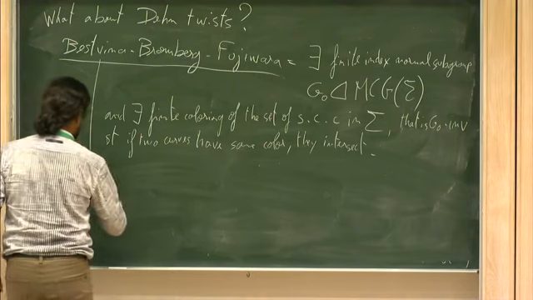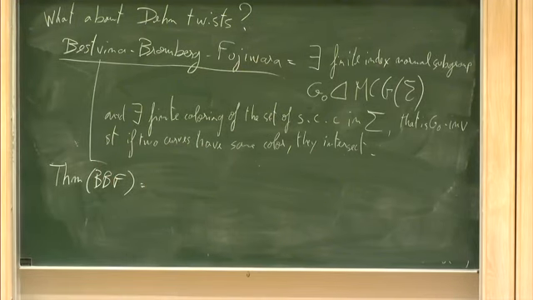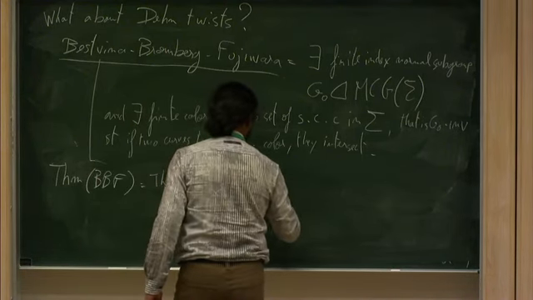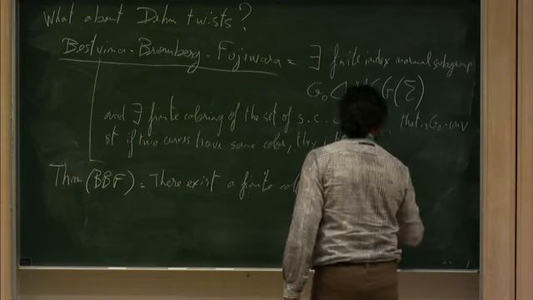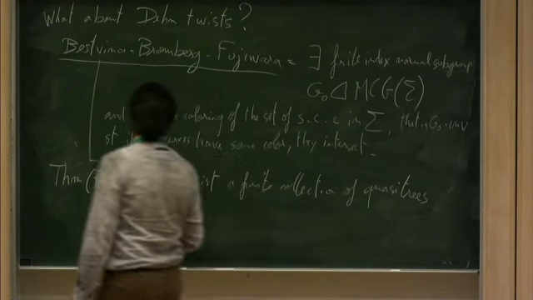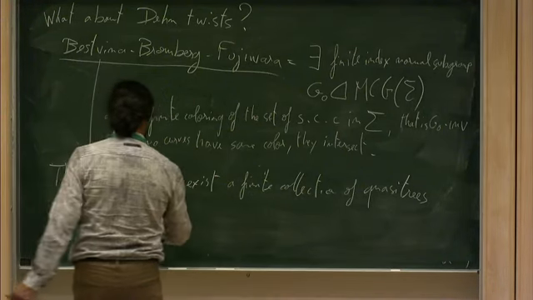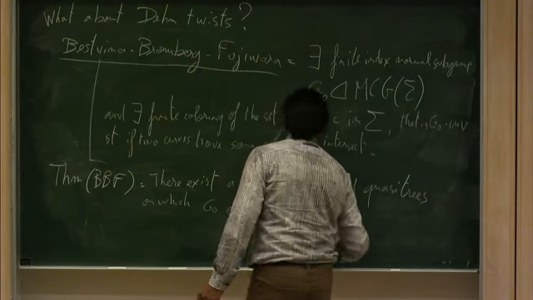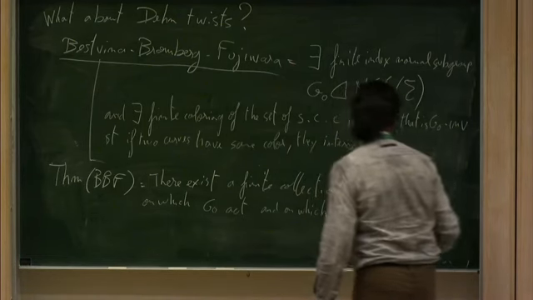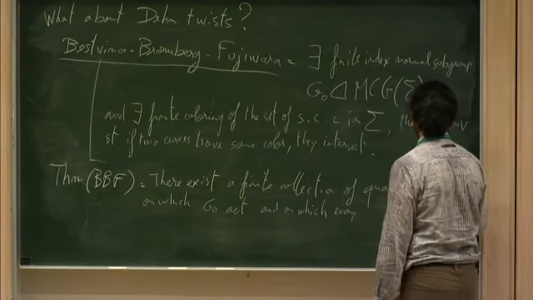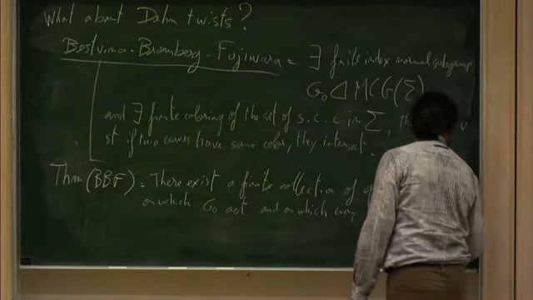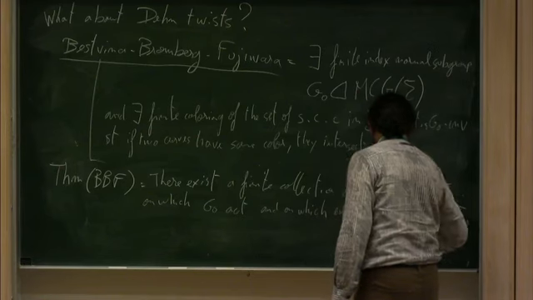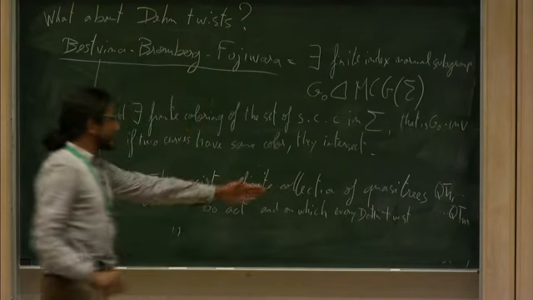And so, theorem of BBF: there exists a finite collection of quasi-trees, so hyperbolic spaces quasi-isometric to trees, on which G0 acts and on which every Dehn twist, okay, I should call them QT1, up to QTm, every Dehn twist is loxodromic on one of them and elliptic on the others.